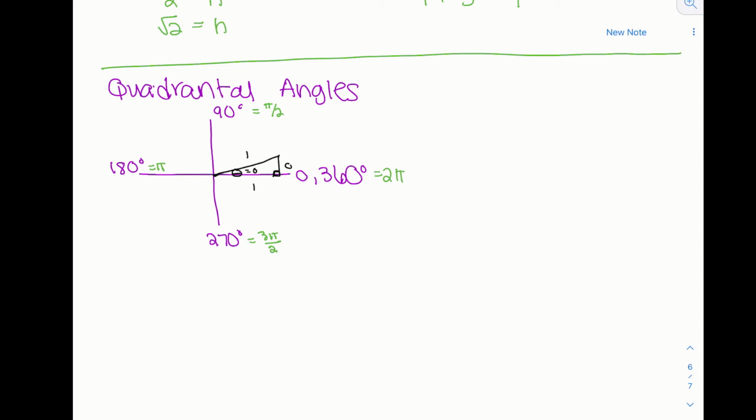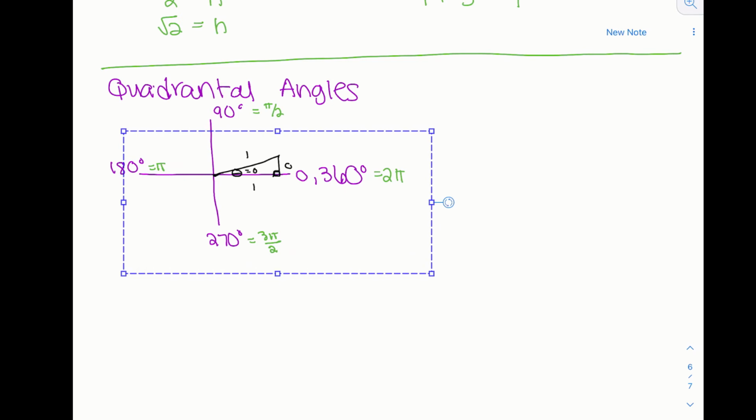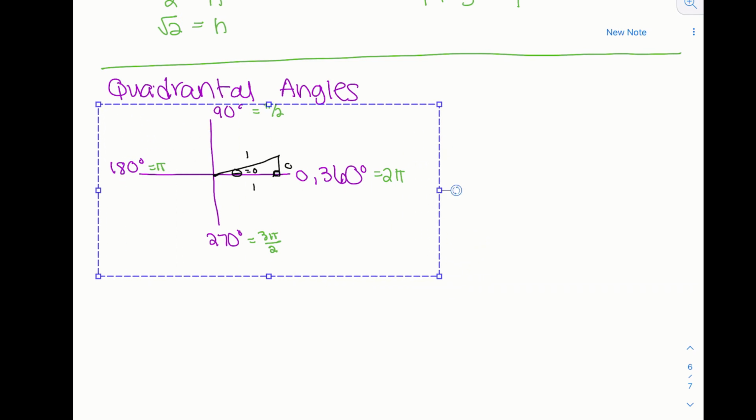And I'm going to also try and do another one. This one's a little harder to see if I drew a triangle up here. Let me not put it on the same axes.